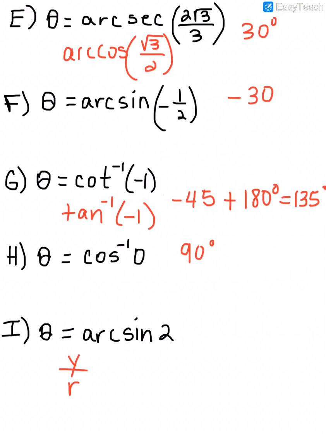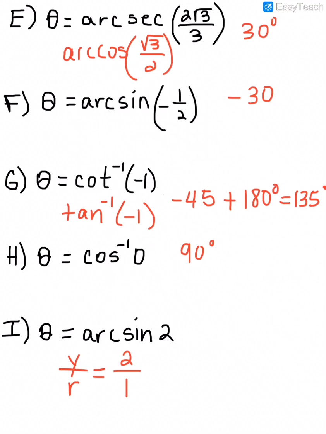So if my sine is 2, this would be 2 over 1, so that means my y value would be 2, and r, which is my radius, or in the Pythagorean theorem, my hypotenuse of my triangle, would be 1.